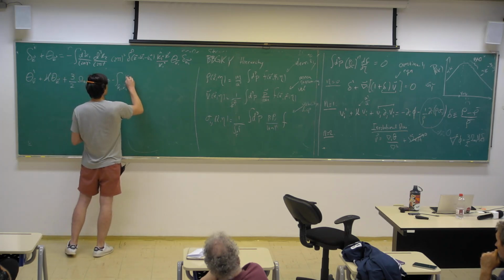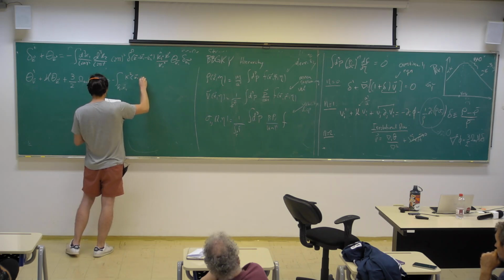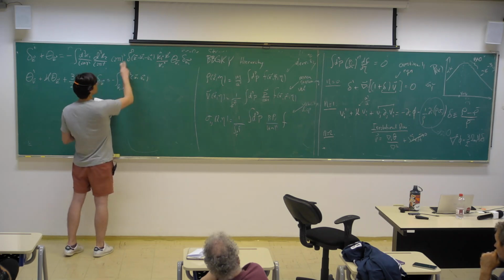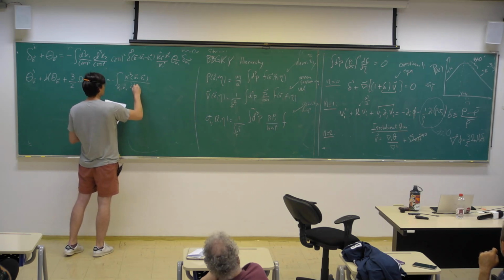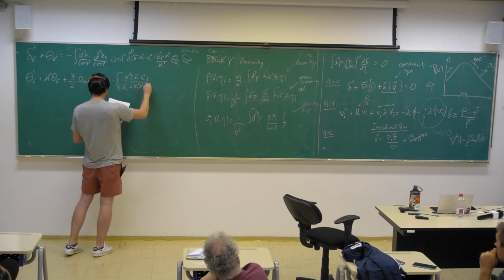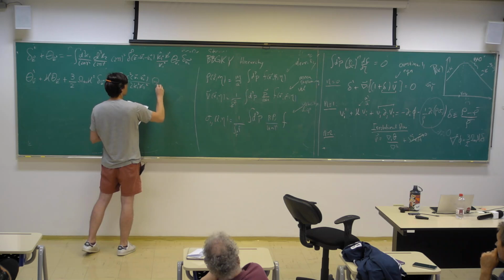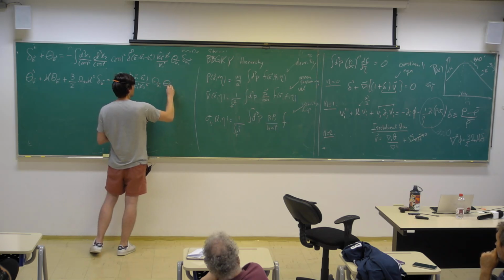And so this is k squared times k1, k2. There's also this momentum conserving delta function here that I just didn't write out. 2 k1 squared, k2 squared, theta of k1, theta of k2.